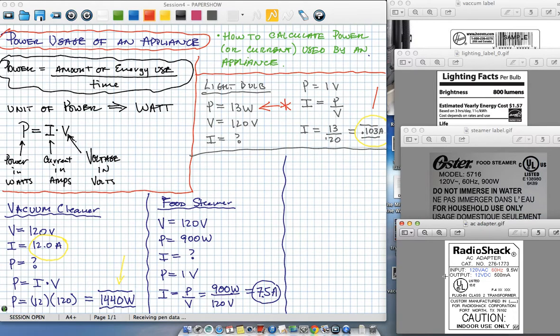Now the output, what actually goes into the appliance, in your case, the laptop, would be 12 volts DC at 500 milliamps, or 0.5 amps. Okay, so let's look at what the input would be, because that would be actually the energy that you're utilizing. And we'll talk about the output later. So AC adapter.